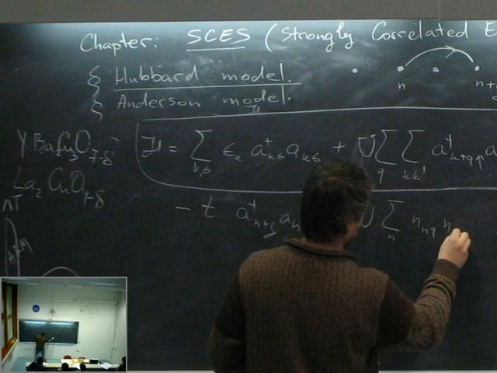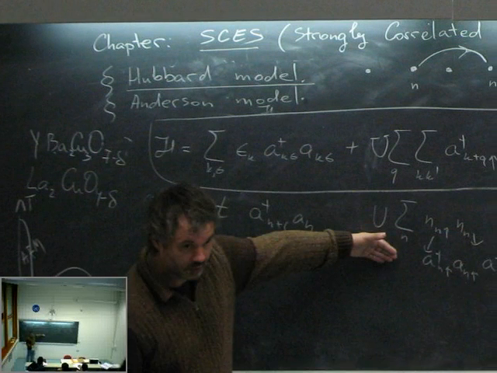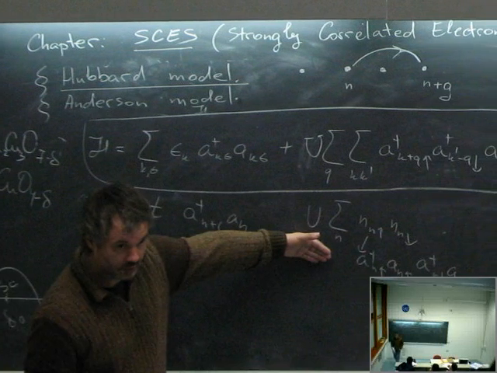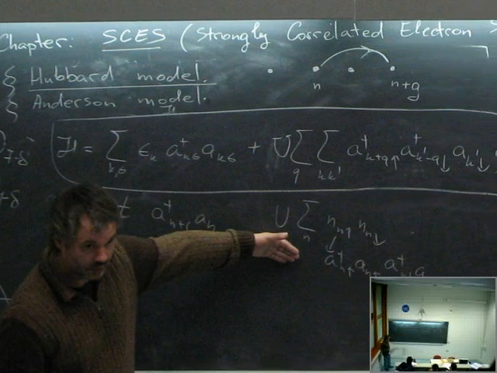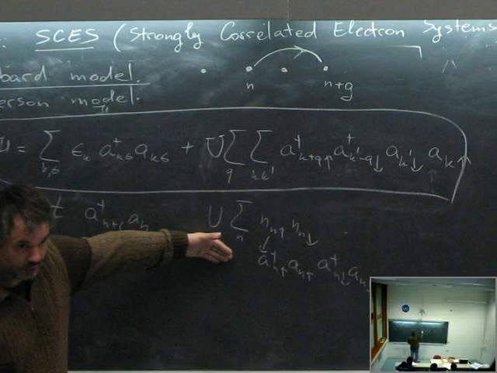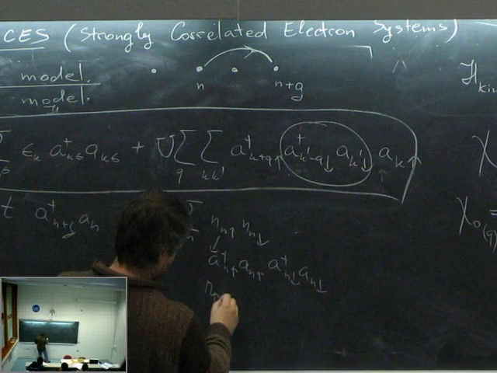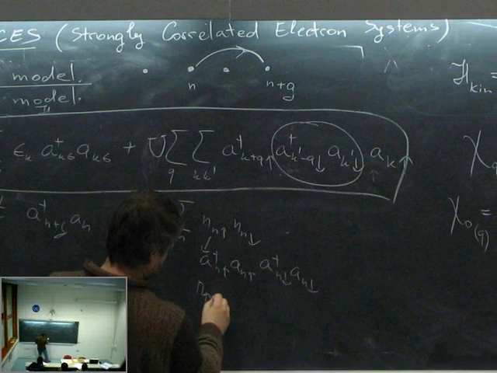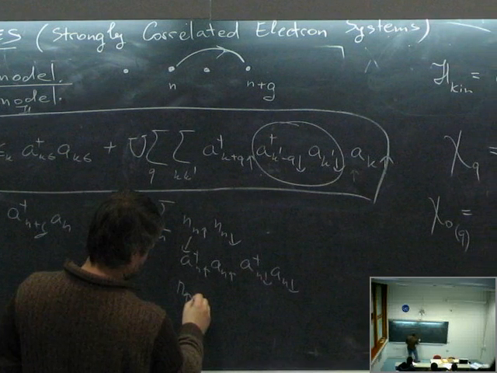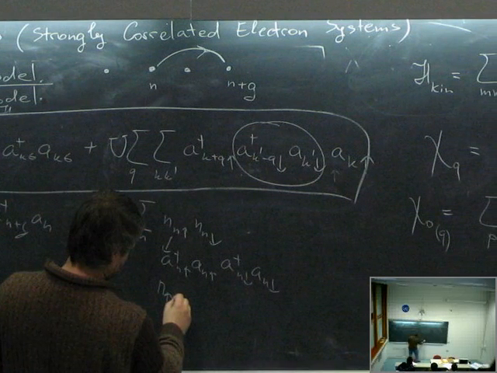down, a n down. If I Fourier transform this Hamiltonian, I'm back to the simple model without orbitals. You see that this is because n down Fourier transformed as a function of q is equal to the sum over k of a^† k minus q down, a k down.